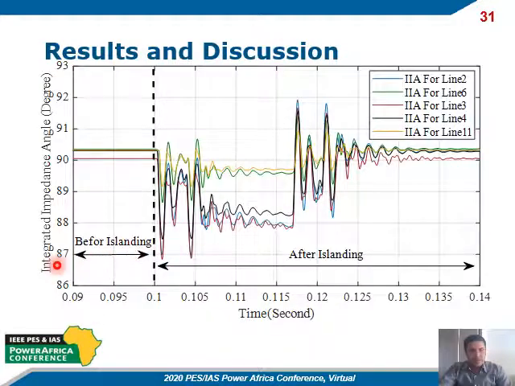This is the integrated impedance angle response when the island is applied at 0.1 seconds. We must note that the integrated impedance angle does not reach the threshold value. That means no maloperation will occur with the proposed scheme.